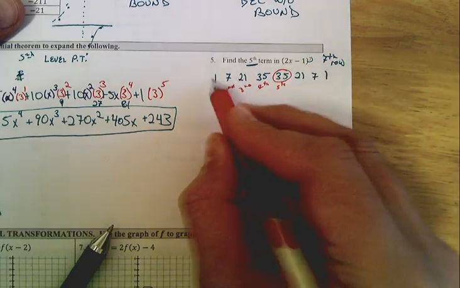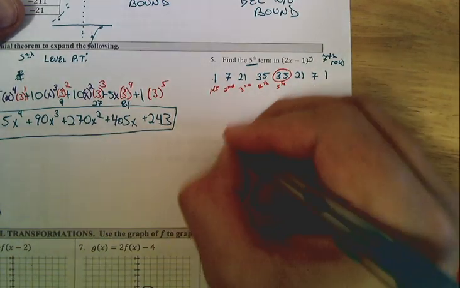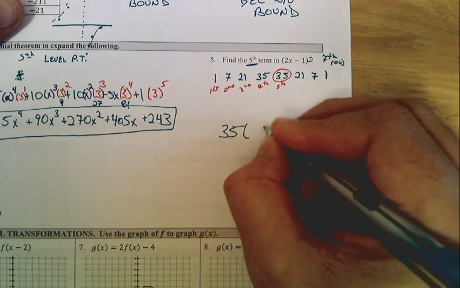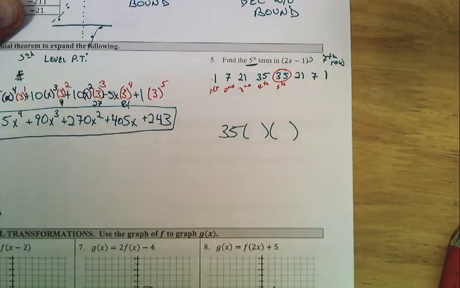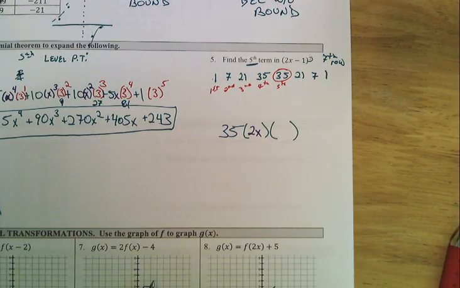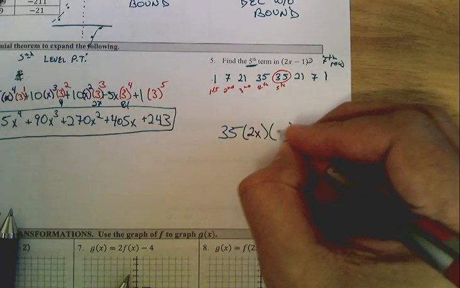So 35. 1, 2, 3, 4, 5. 35 is going to be my coefficient. So the 5th term should be 35 times. And that's a 2x, so I'll put a 2x right here. And this other one's going to be a -1.